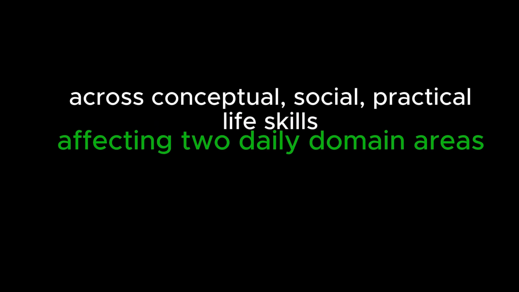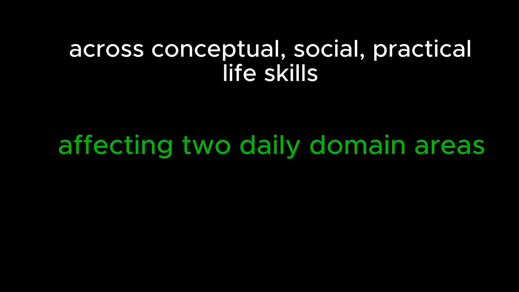Second, there must be significant deficits in adaptive functioning impacting at least 2 daily domain areas across conceptual, social, or practical life skills. Third, these limitations must have their onset during the developmental period, specifically before the individual reaches 18 years of age.